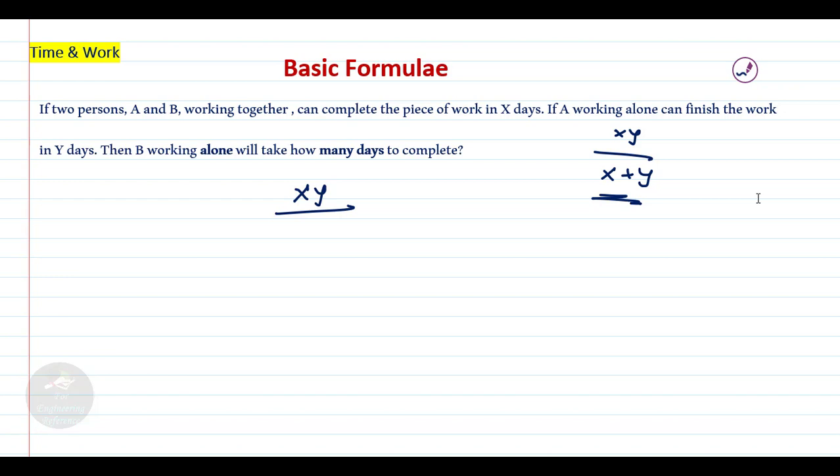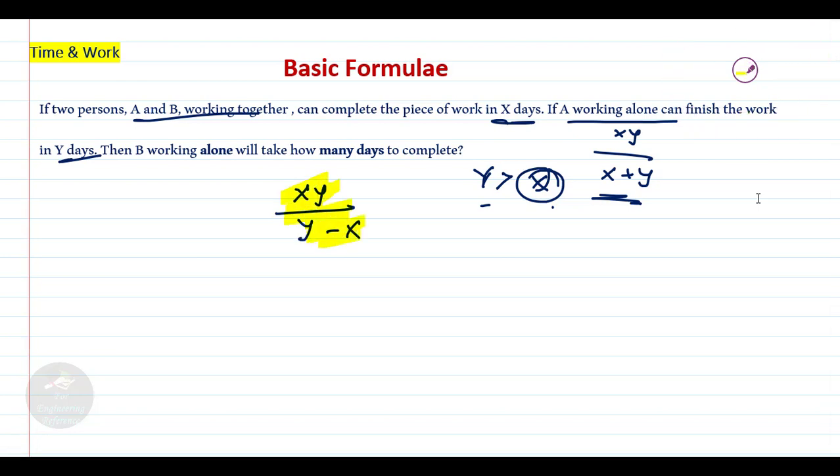We know the working together time of A and B, which is X days. We know A's working alone time, that is Y days. Which value will be greater, X or Y? So we know Y will be greater than X because it's the value of an individual person, and this is the value of two persons. So this will be lesser and this will be greater. So we can write it in this way.